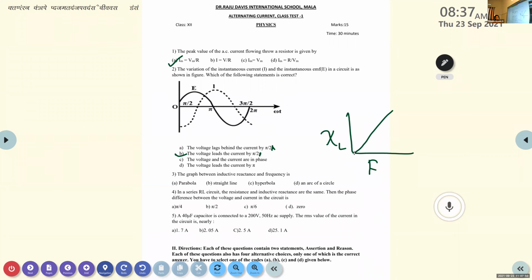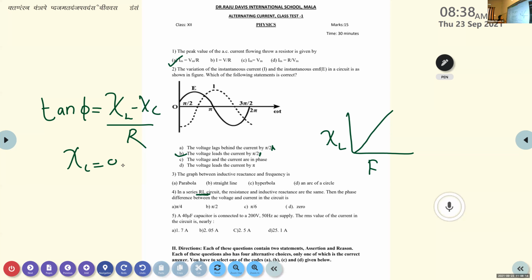If it is an LCR circuit, we have the equation tan phi is equal to chi L minus chi C divided by R. This is the equation for calculating the phase difference in the case of an LCR circuit. But here we have an RL circuit, so the term chi C is absent. That is, chi C is equal to 0. Therefore, the equation becomes tan phi is equal to chi L by R.